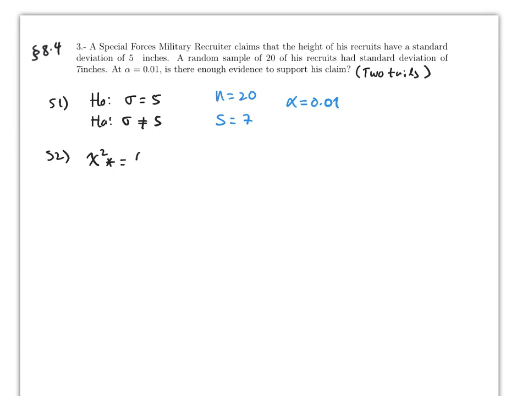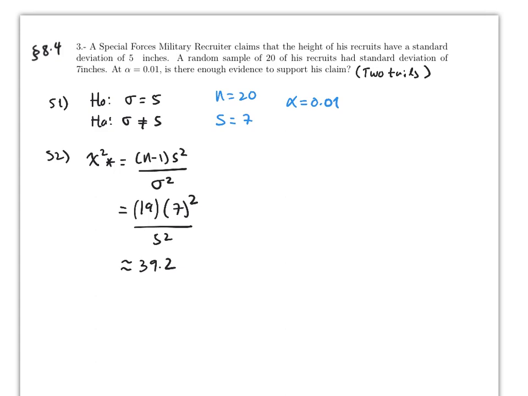So chi squared is n minus 1 times s squared over sigma squared. So in this case, n is 20, so 20 minus 1 is 19, s is 7, so this is 7 squared, and sigma is 5, so it's 5 squared. And this is around 39.2.